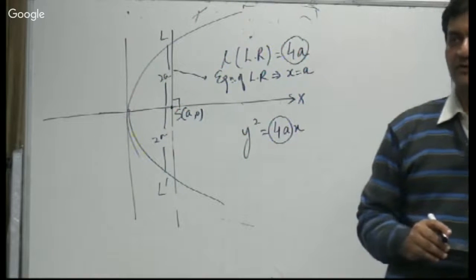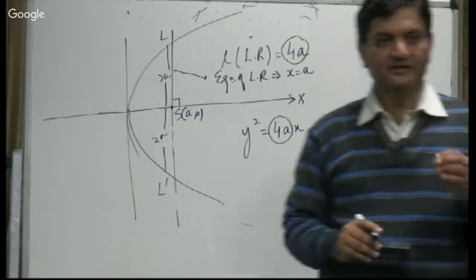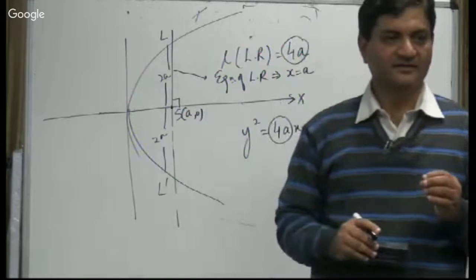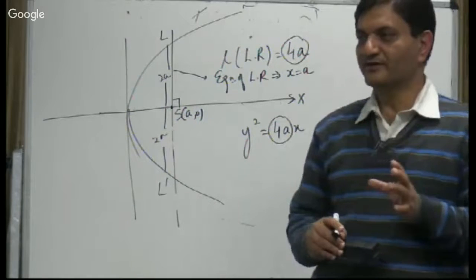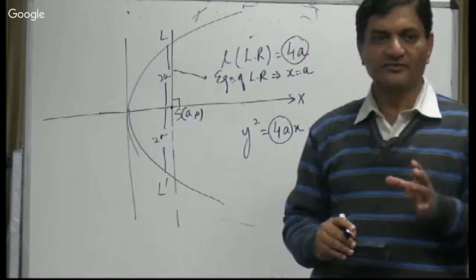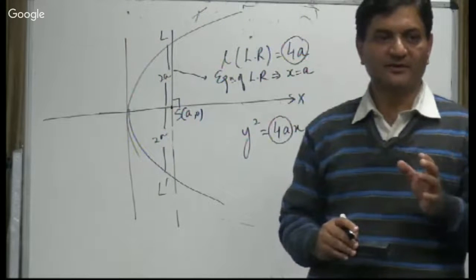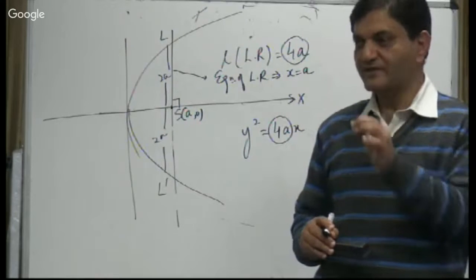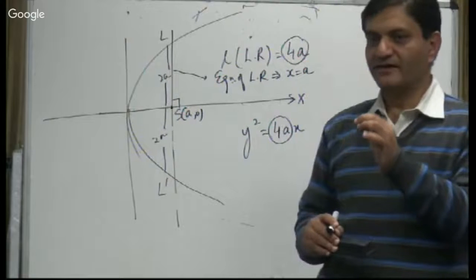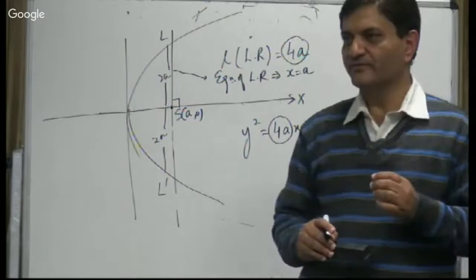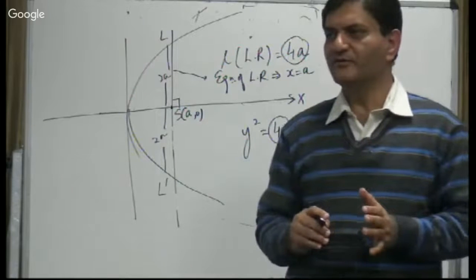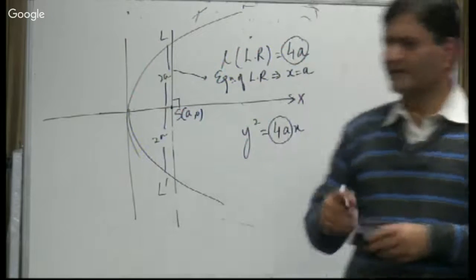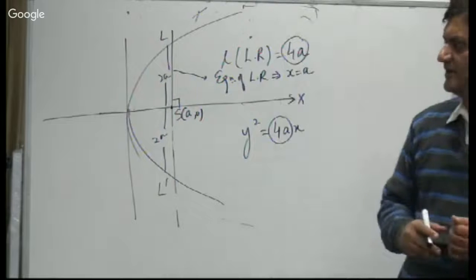What are conormal points? Three normals which are concurrent, passing through the same point. The points where you have drawn the normals are the conormal points. They are on the parabola, and the sum of their y coordinates will be equal to 0. We'll take up these conormal points later in detail.